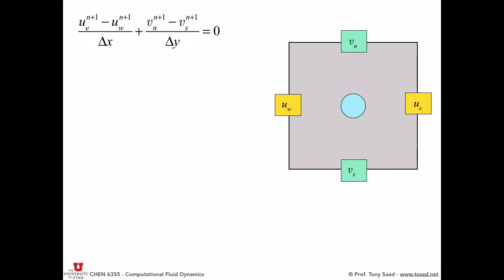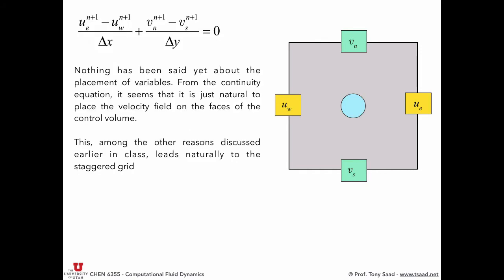Why not naturally place the velocities at the faces of the control volume? So if we store the velocities at the faces of the control volume, it gives us a natural feel of fluid flow, right? There's fluid coming into the control volume, so we put the velocities there. And that's another justification of the staggered grid, another way to think of why the staggered grid arises.